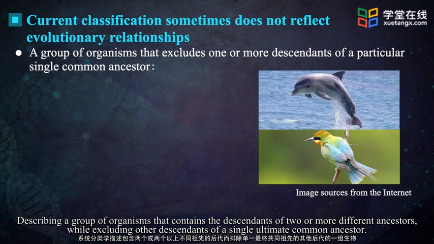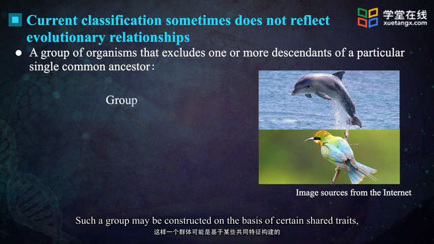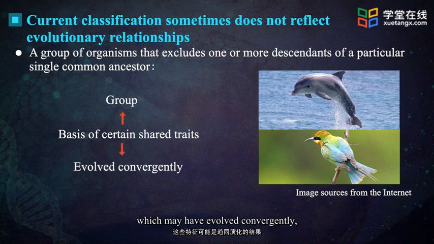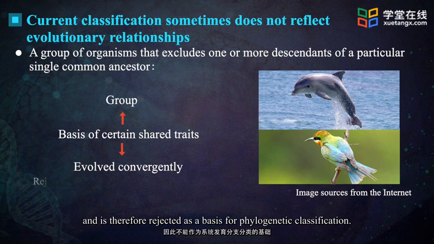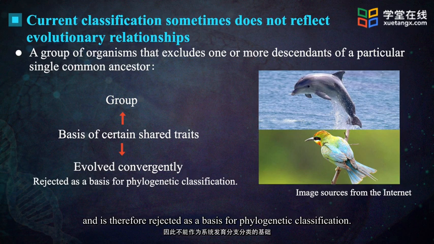Polyphyletic describes a group of organisms that contains the descendants of two or more different ancestors, while excluding other descendants of a single ultimate common ancestor. Such a group may be constructed on the basis of certain shared traits, which may have evolved convergently, but it does not necessarily reflect any close evolutionary relationship, and is therefore rejected as a basis for phylogenetic classification.